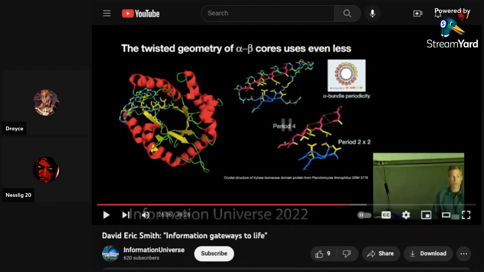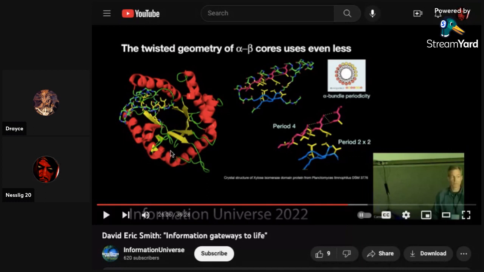This part at first confused me, what he's talking about. But if I understand correctly, if you look at an alpha helix, for example, he says that you need to maintain a periodicity of 3.6, which is very complicated. You need a lot more information or specificity to maintain that periodicity to make an alpha helix.